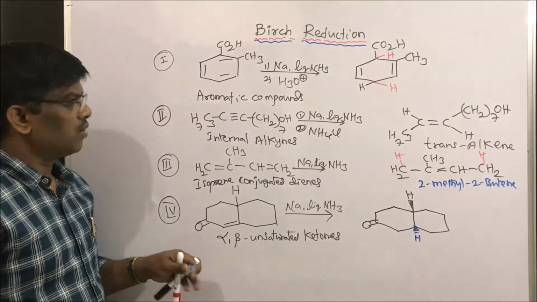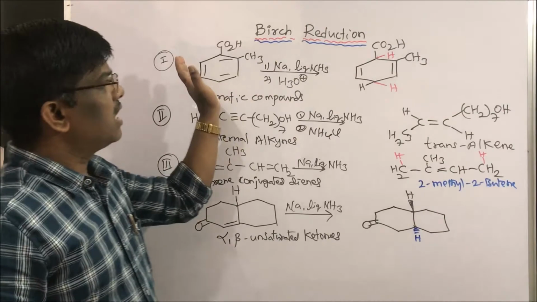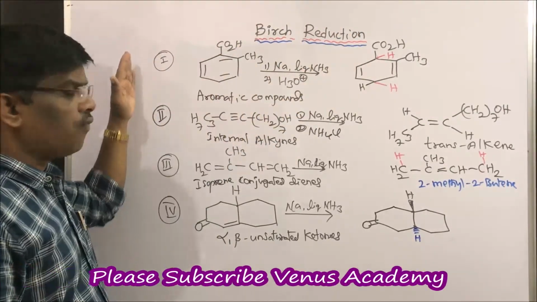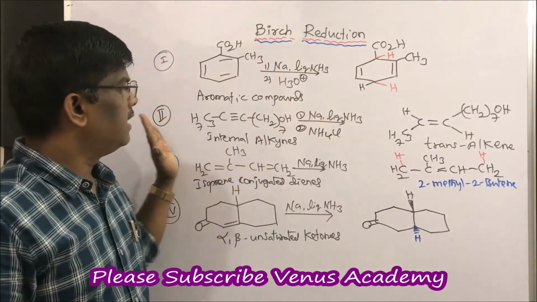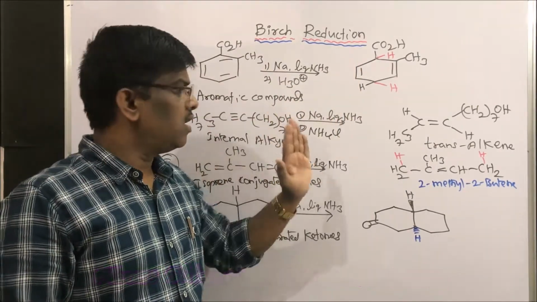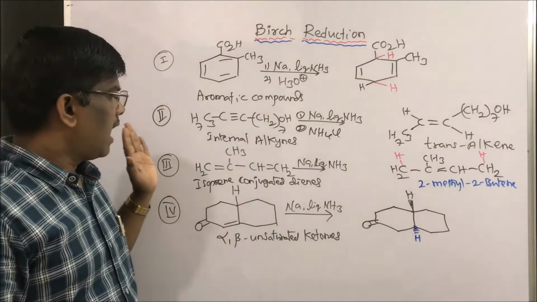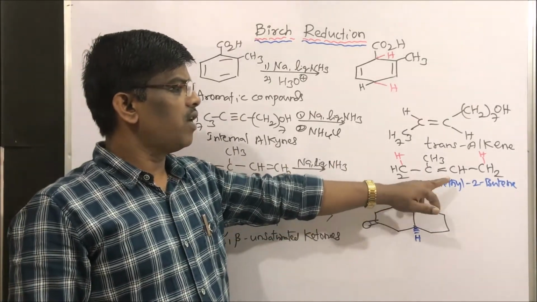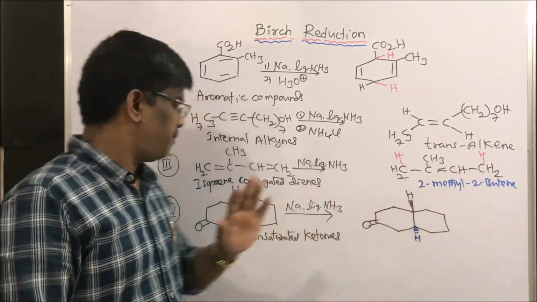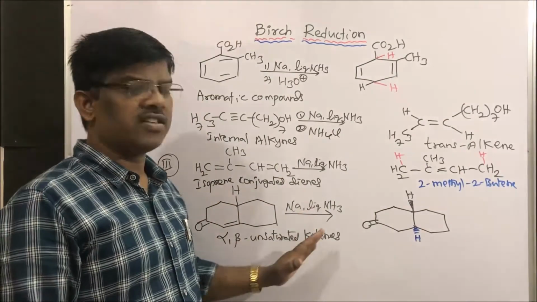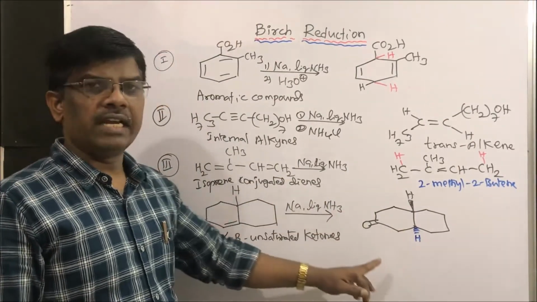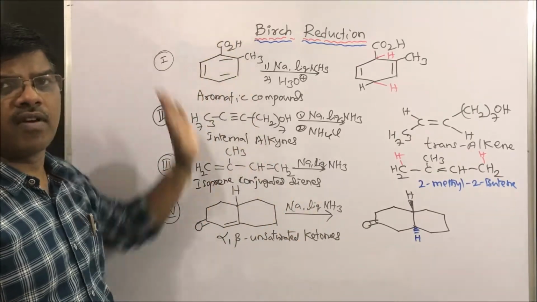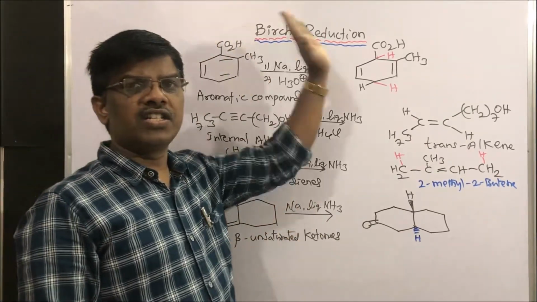Yes students? So this is how Birch reduction can be done on 4 different types of compounds. What are they? Aromatic compounds, internal alkynes to give trans alkenes, conjugated dienes to give 1,4 addition of hydrogen, and alpha beta unsaturated ketones giving a reduced double bond, with the ketone retained. This is how 4 types of compounds undergo Birch reduction.